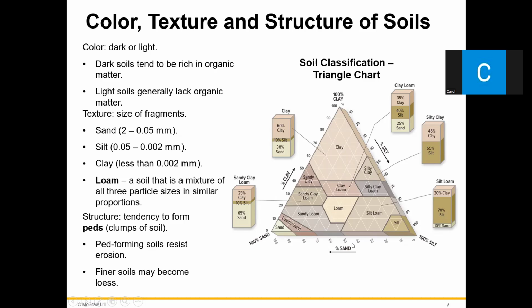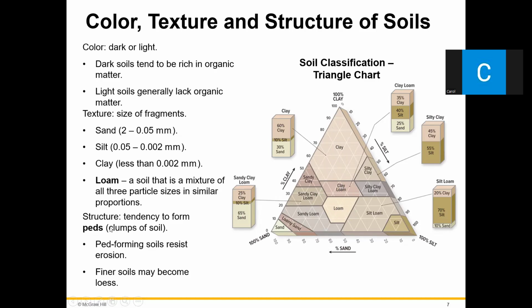Hold on, let me think this through. Yes, this is 100% clay. Sorry, I confused myself for a second. So 100% clay coming down, you got 30%, you're still in a clay. So loams are pretty much right in the middle, and they have almost equal parts of everything.